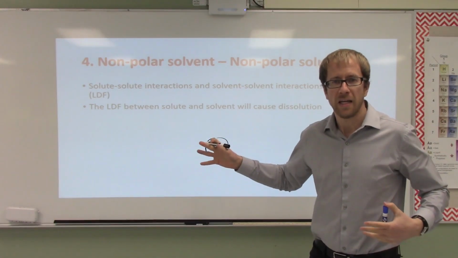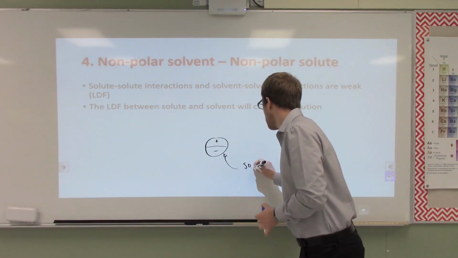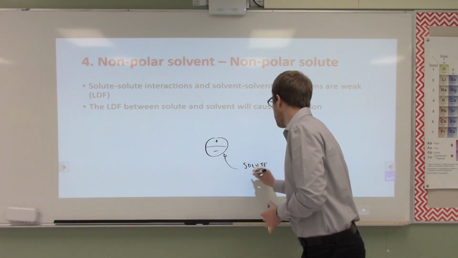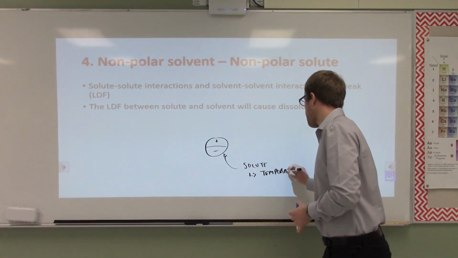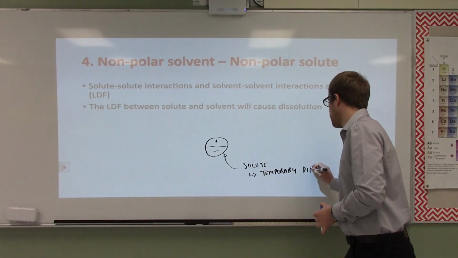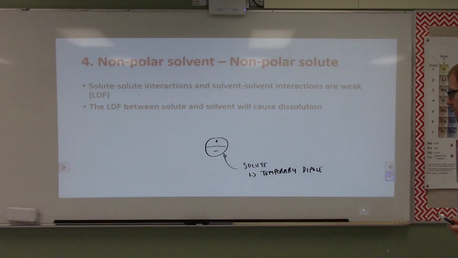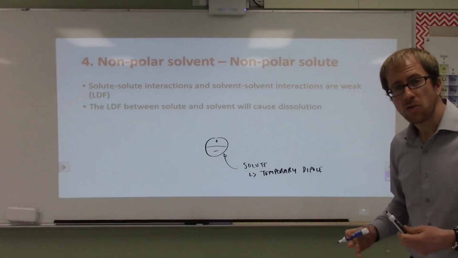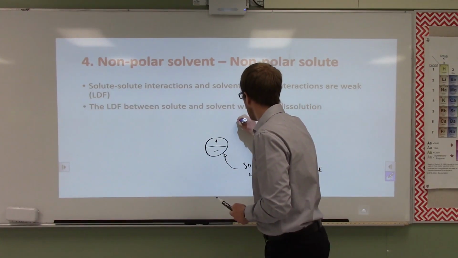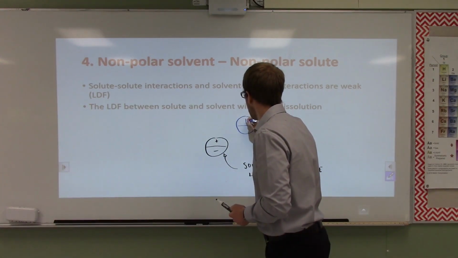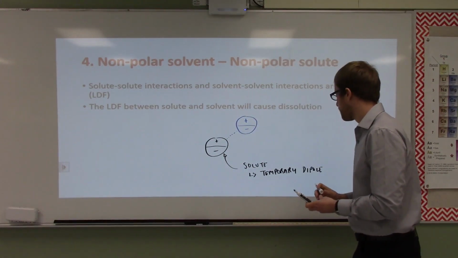That shift in electron density. So this is our solute here. And remember that this is a temporary dipole. Right? These are LDFs. And our solvent here will have the same thing going on. Right? Our solvent has a temporary induced dipole.